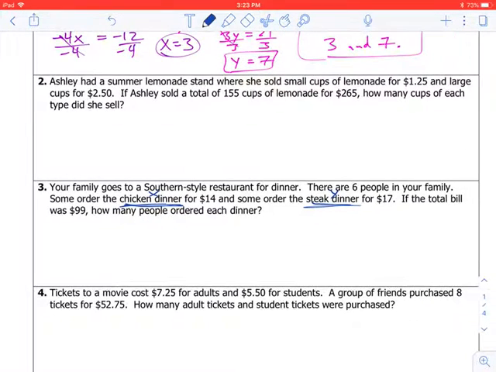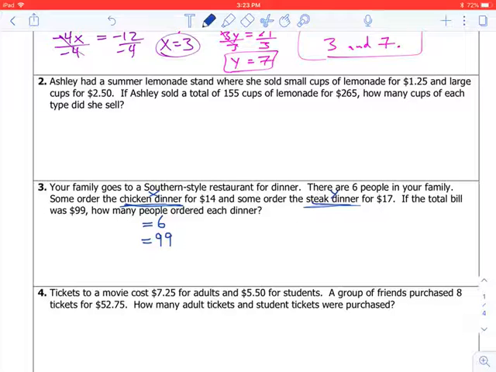And so when you're doing these types of problems, you're going to really have two totals. A total number of things or people, and a total amount of money. So in this case, there are 6 people total and $99 total. So when you're doing those two totals, keep in mind what's adding up to those totals.